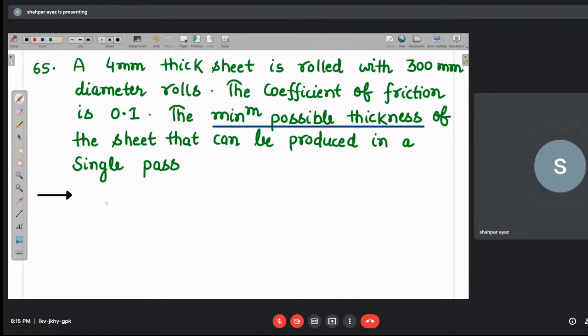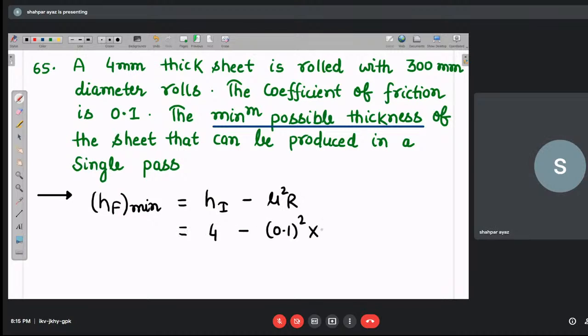Minimum possible thickness. H is right, mu square R. Right, 2.5. Now the last problem of rolling.